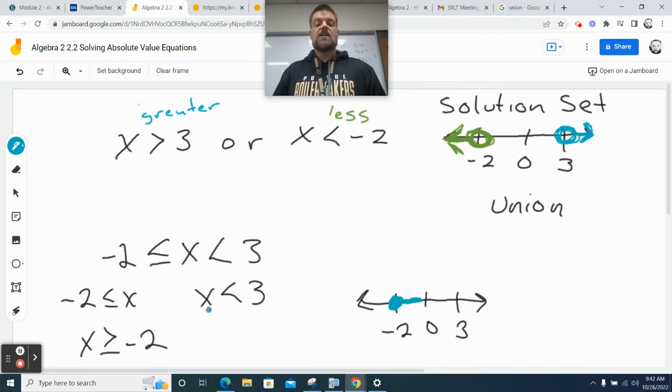Now for over here, I'm saying x is less than 3, no equal sign, open circle, and any value less than 3 goes this way. So when I go to graph this one, I have a closed circle at -2, and it goes all the way to 3, open circle. So from -2 to 3. Now this is called an intersection.